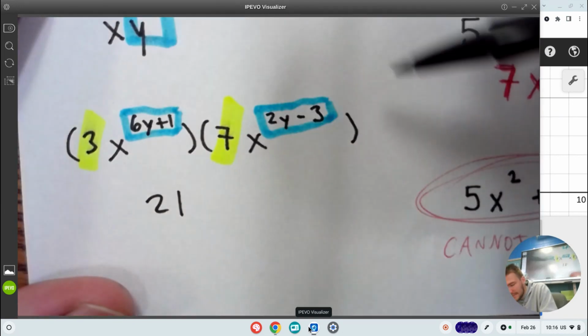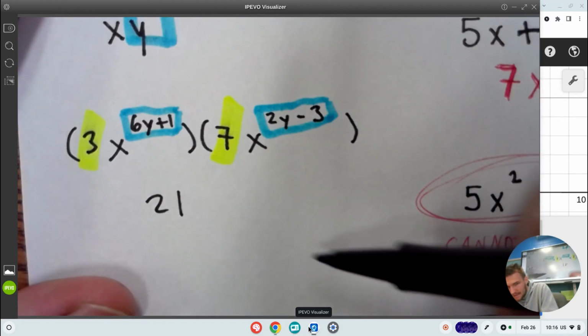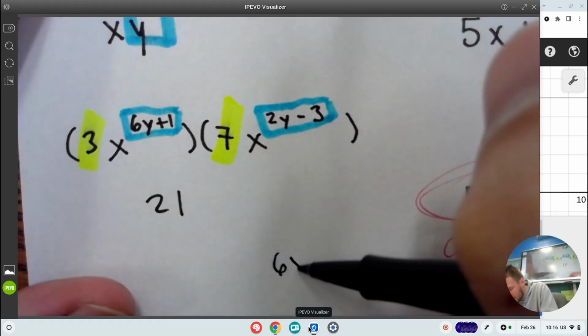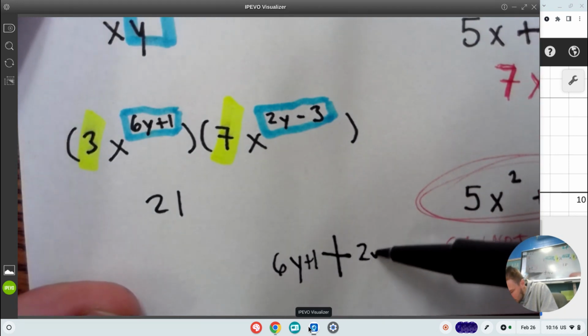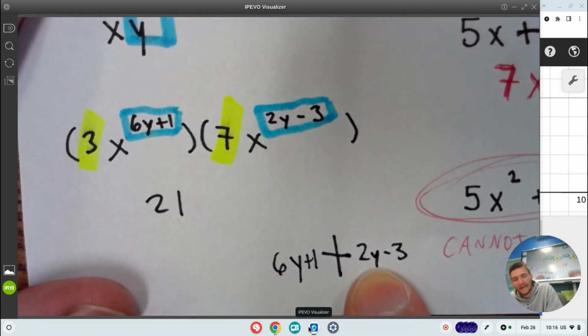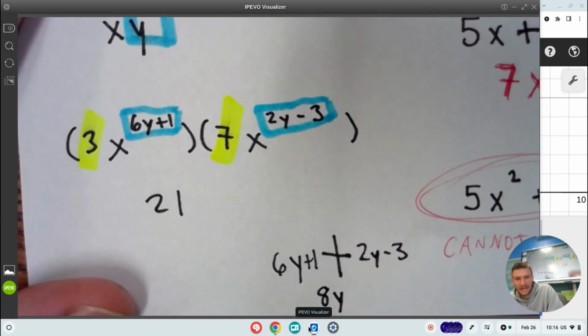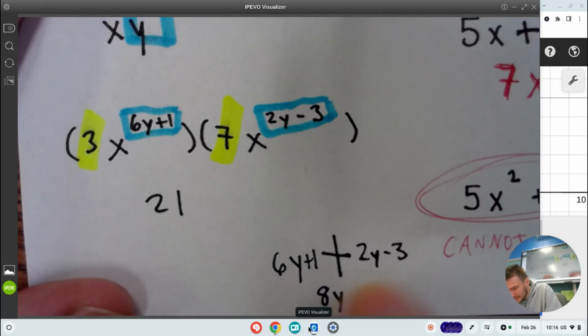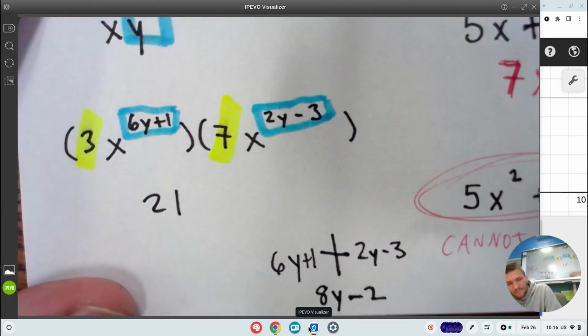Now, normally when I do this, I like to actually do some math down here. And so I'll just rewrite them. 6y plus 1 plus 2y minus 3. Add them together. 6y's and 2y's is 8y's because you just add them up. 1 minus 3 is negative 2.